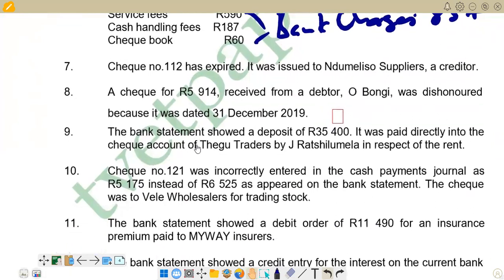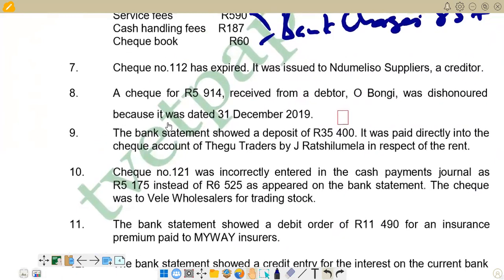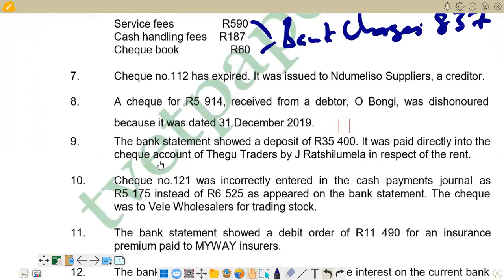We can leave it for now and adjust it in the bank reconciliation when we reach it. So we can skip that one and go to item 9.